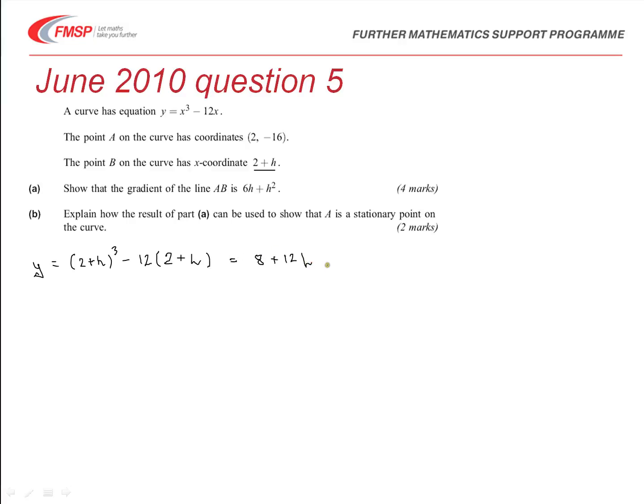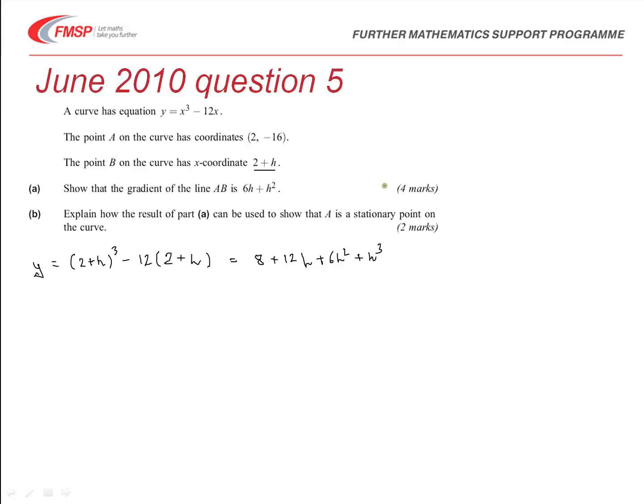Then we get an h times a 2, which gives us 2h squared, and again from Pascal's triangle that occurs 3 times, so we will get 6h squared. And then finally we get the h multiplied by the h multiplied by the h, which will give us h cubed.